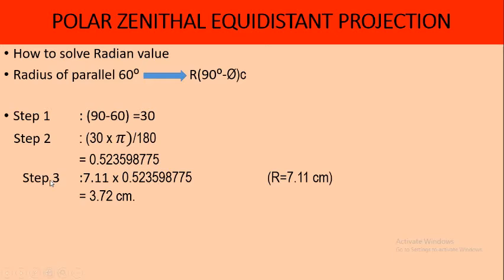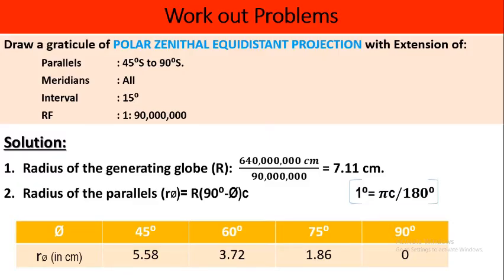And the last step is the multiplication by R, 7.11 into that, it will arrive at 3.70 centimeters. So for the radian measurement we have to multiply the value by pi and divide by 180 degrees, because 1 degree is equal to pi by 180 radian.